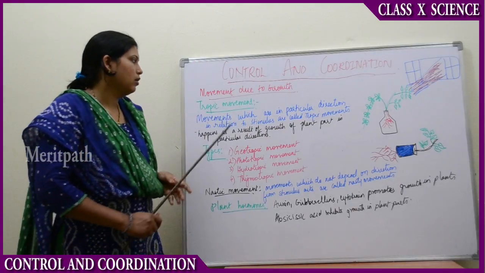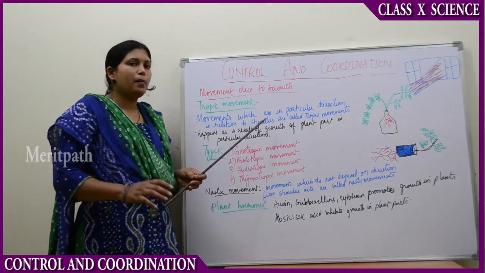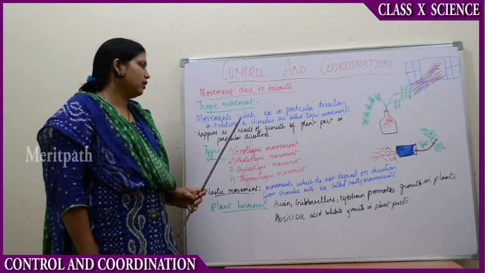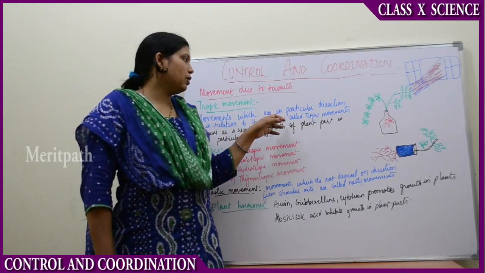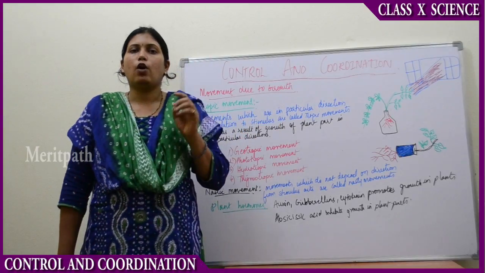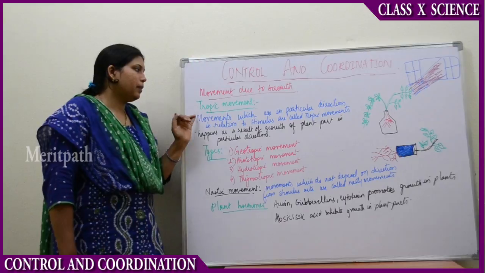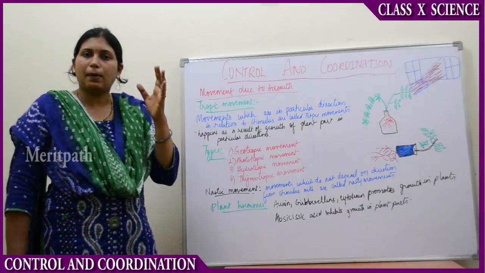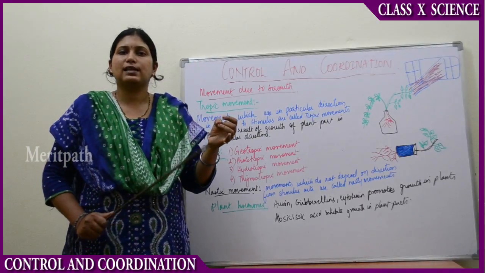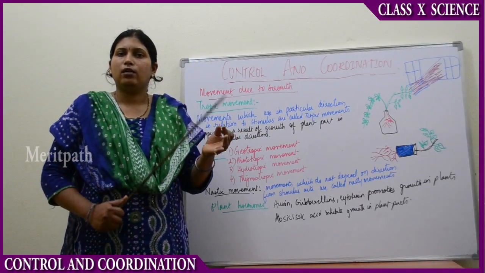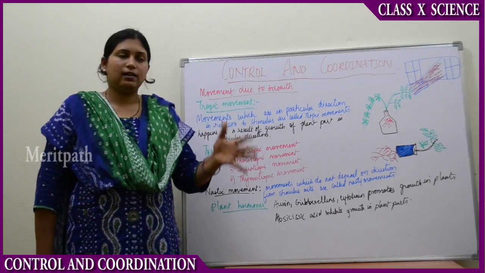Hormones help here. So tropic movements, which occur in a particular direction in relation to the stimulus, are known as tropical movements. The stimulus can be light, air, water or even touch.